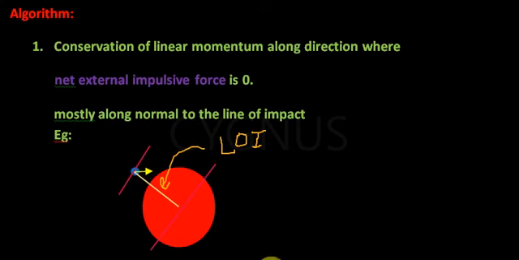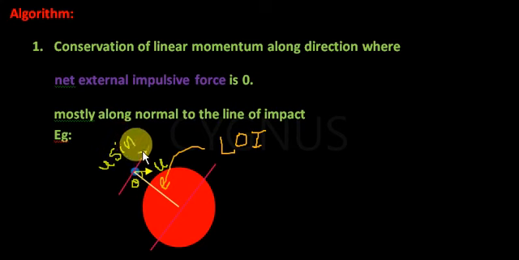Now let's see. Let us assume that this angle over here is theta. And this ball was going towards the right with a velocity, let's say small u. Now, the component of this u along the line normal to the line of impact would be u sine theta.